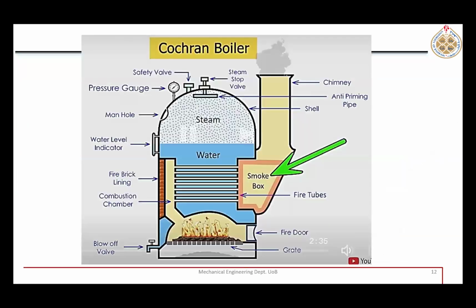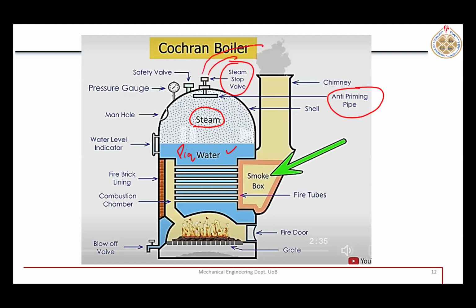Here you see another picture of the same Cochrane boiler, so you can understand its working. Here water is very clearly shown. All this blue color is showing liquid water, and here is the steam which is being produced, right? The anti-priming pipe, which I was telling you about. Here is the steam stop valve.